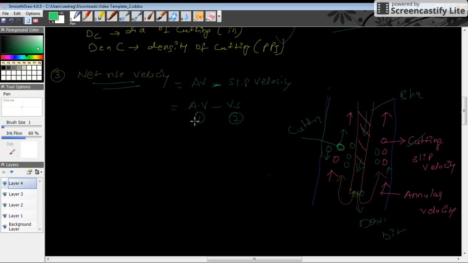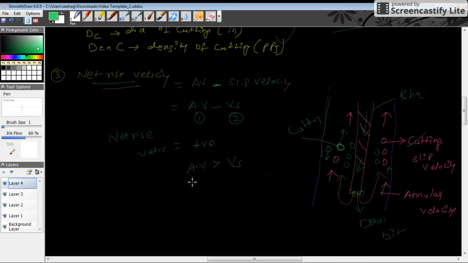If the net rise velocity is positive, then annular velocity is greater than slip velocity.